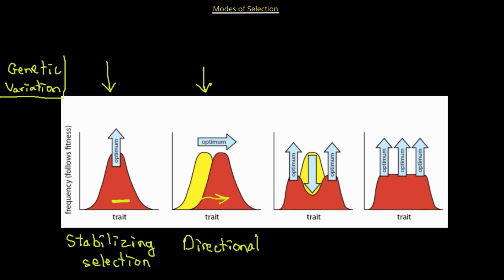frequency of allele. Now, the next one is called disruptive selection. This mode of selection favors extreme phenotypes at both ends of the range of the phenotypic variation. As you can see here, the average is going to be killed off, but the two extremes will survive. In this case, the genetic variation is going to increase.